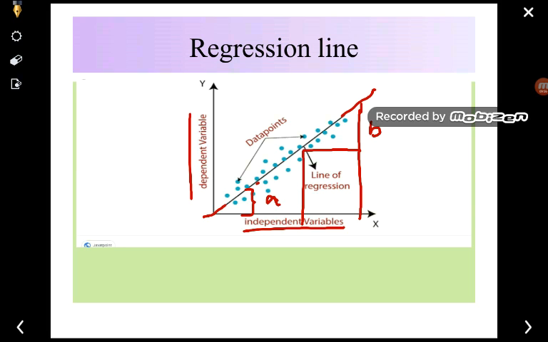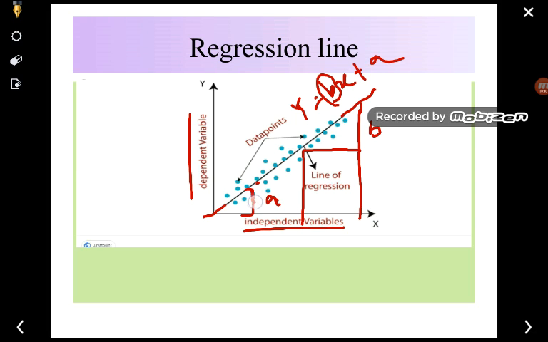So if two variables are linearly related, then the relation can be expressed by y is equal to bx plus a, where b is the slope of the line relating y to x, and a is the y intercept.